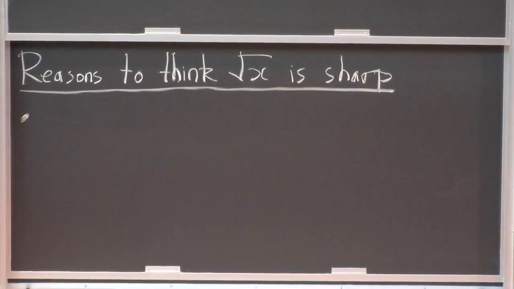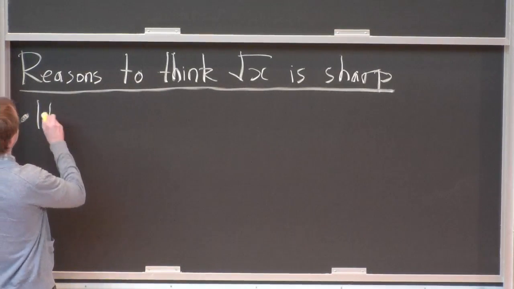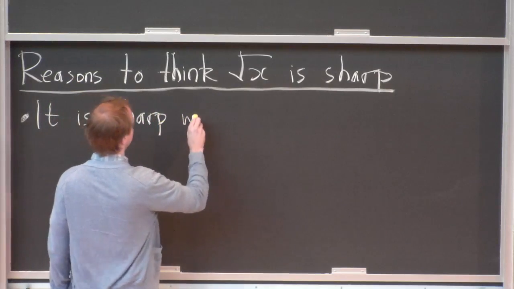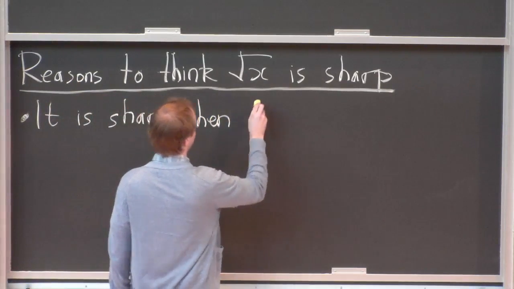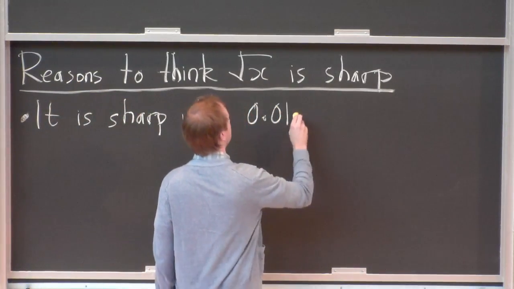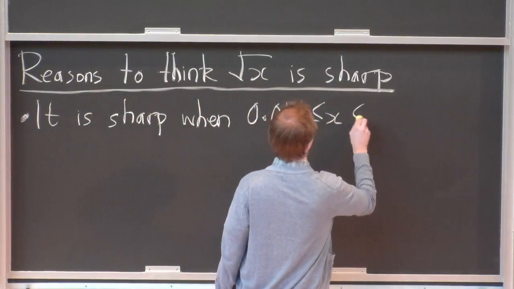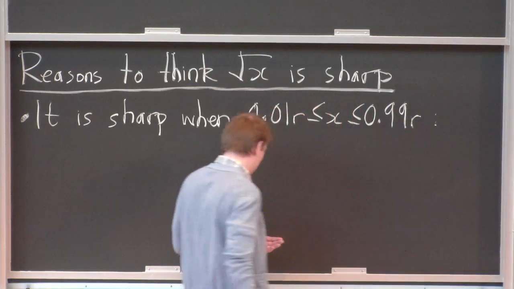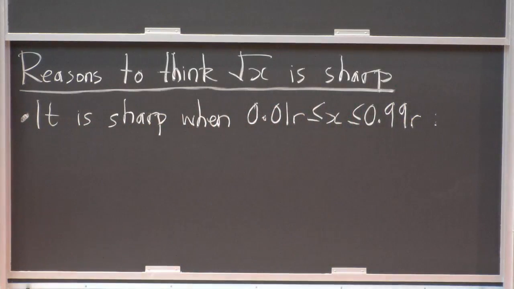Okay, well, one excellent reason for thinking it's sharp is that it actually is sharp on a certain range of x. So it is sharp when x is between 0.01r and 0.99r, let's say.